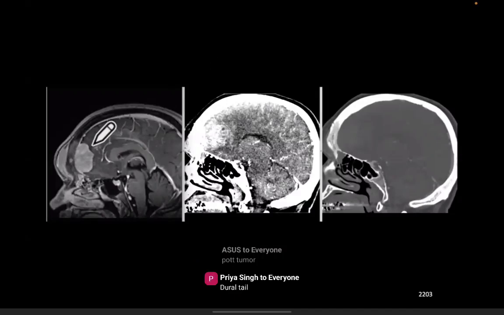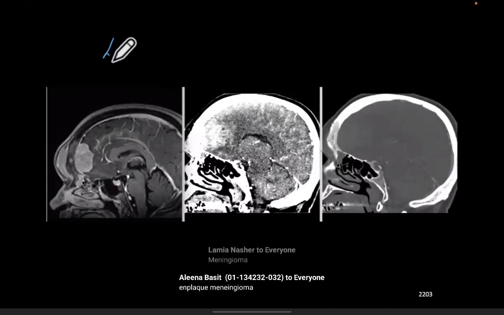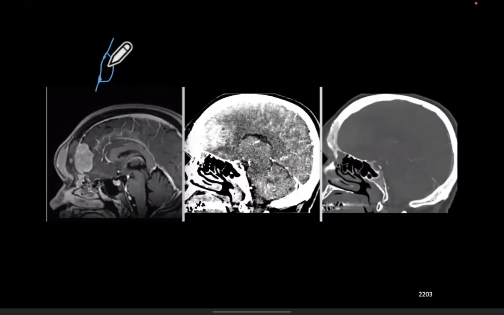You can see the dural tail. So if I'm drawing this properly, you've got the dural tail, there's the meningioma, and it's on both sides of the bone, so therefore it's an intraosseous meningioma.